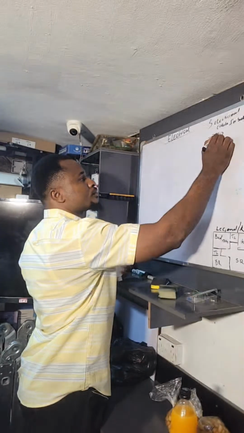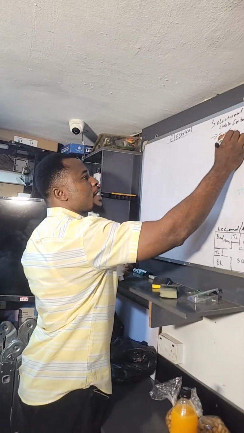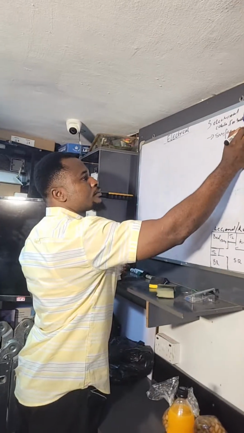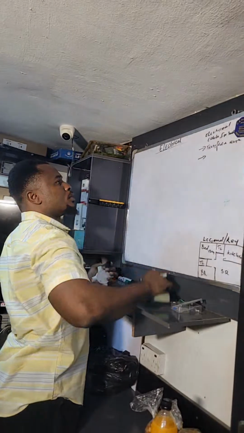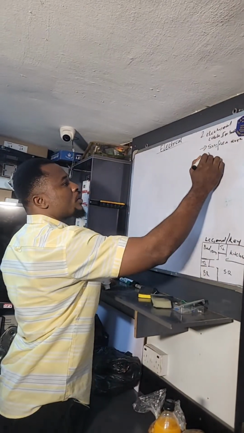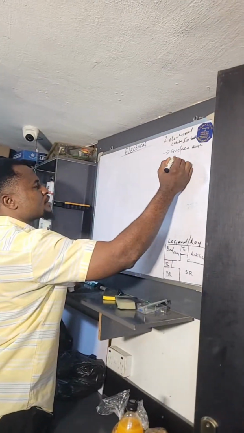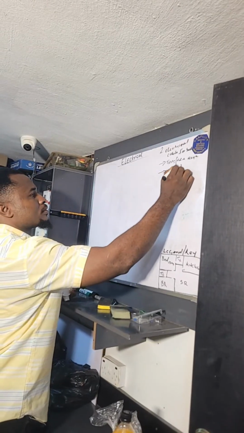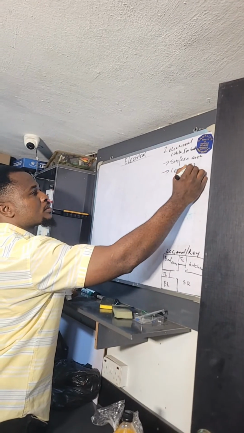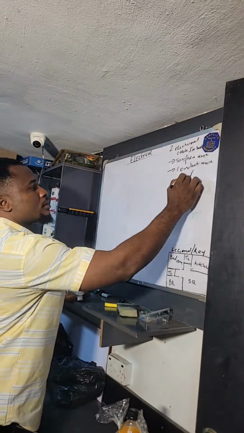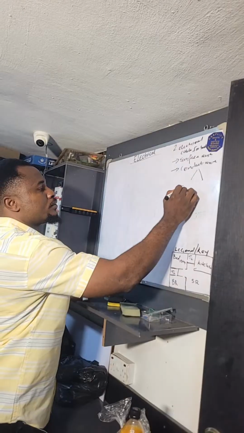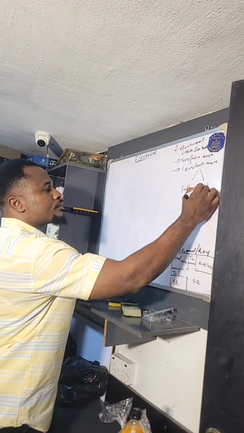So the first one is surface wiring. Then the second one is the conduit wiring. I spell that conduit again. Then in the conduit you have the full and the half.